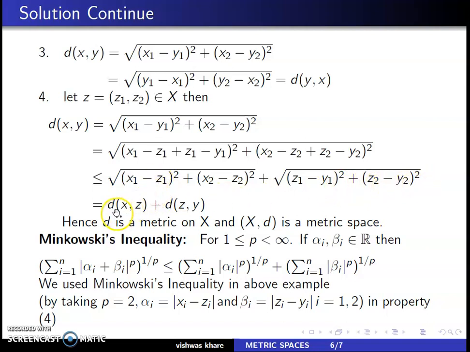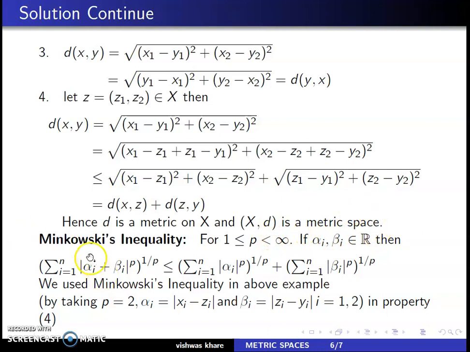But by definition, this becomes d(x,z) plus d(z,y). It means in this case also d(x,y) is less than or equal to d(x,z) plus d(z,y). Hence, d is a metric on X and (X, d) is a metric space.